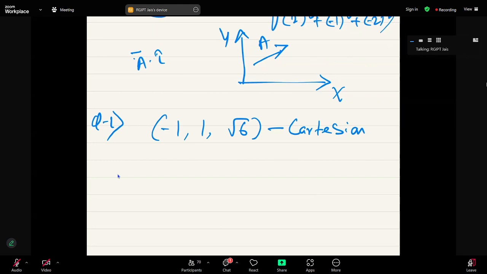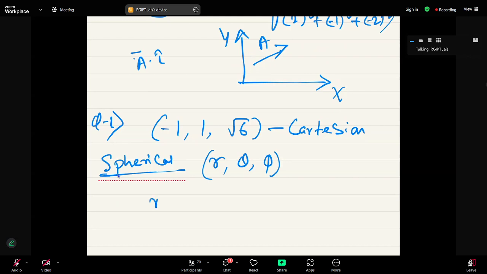Okay. So let's try to convert this in cylindrical. Let's do it quickly in the cylindrical system. Cylindrical or you want spherical? Let's do spherical. That is easier. I want to do the easy one. You guys do the hard one. Let's do it in spherical coordinates. So in spherical, we have to find r, theta, and phi, right? So r is basically what?